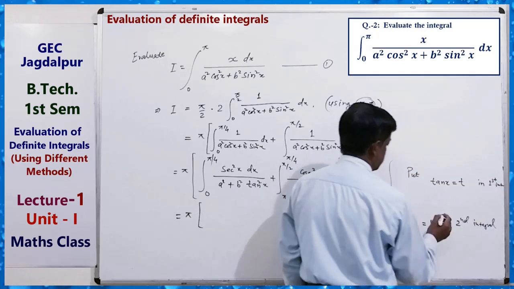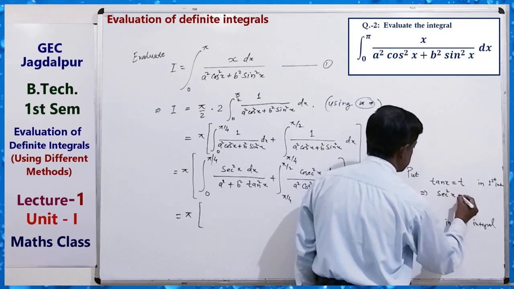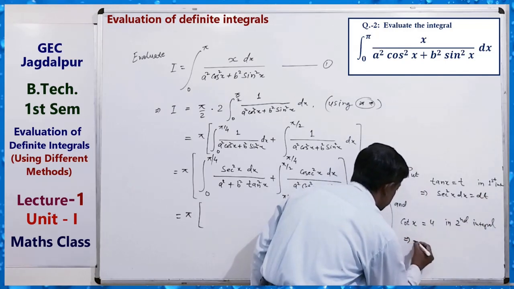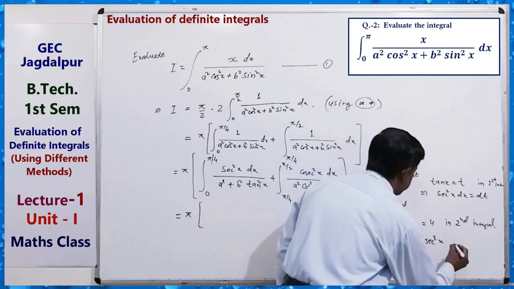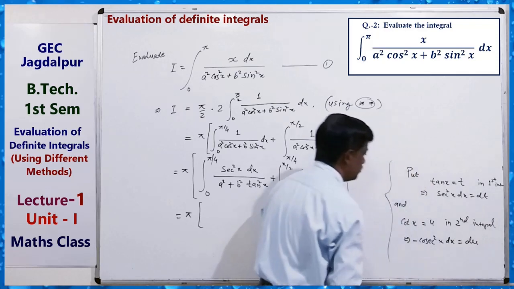Okay, so tan x means differentiation sec square x dx equals dt, and here minus cosec square x dx equals du.